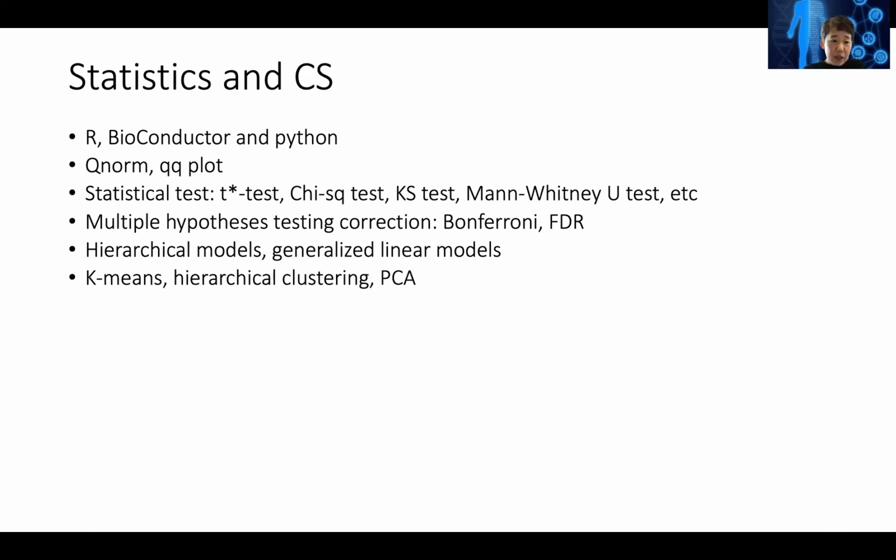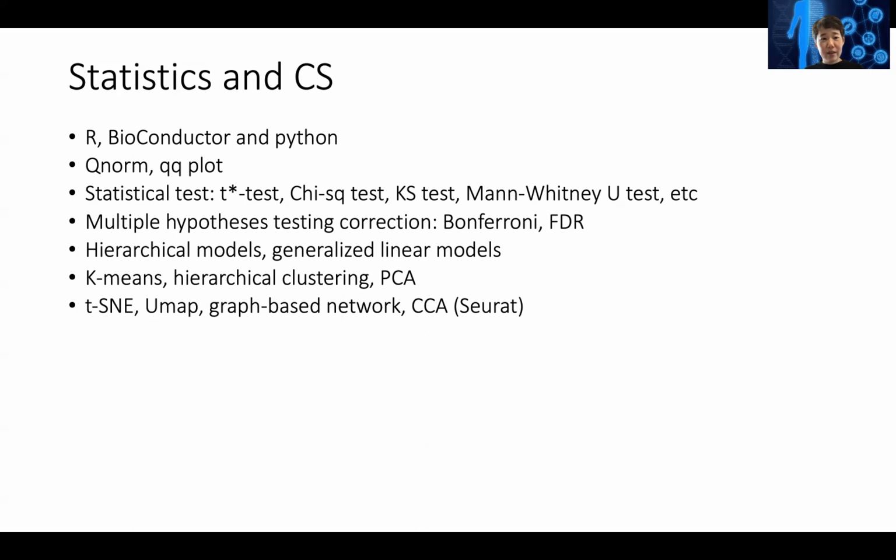For clustering, we talk about k-means, hierarchical clustering, PCA, and later on in single cell, we also talk about using t-SNE and UMAP or graph-based network approach to cluster the samples or visualize those cell populations or subpopulations, and also using the canonical correlation analysis to correct for batch effect.